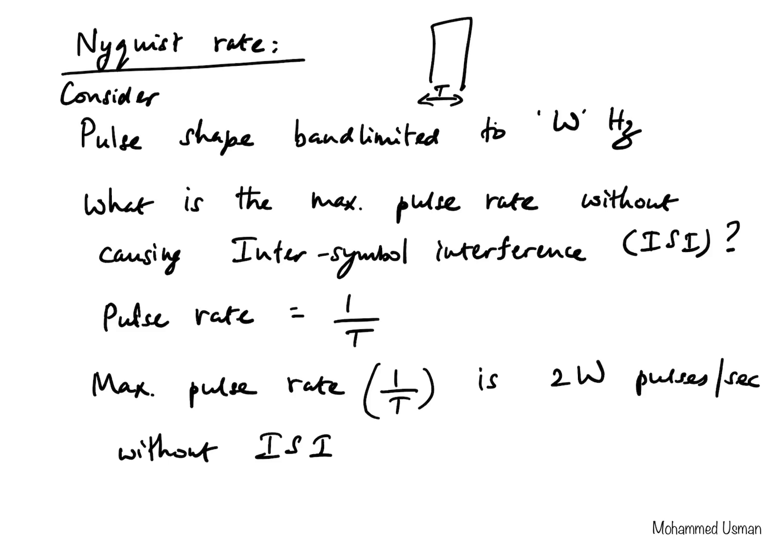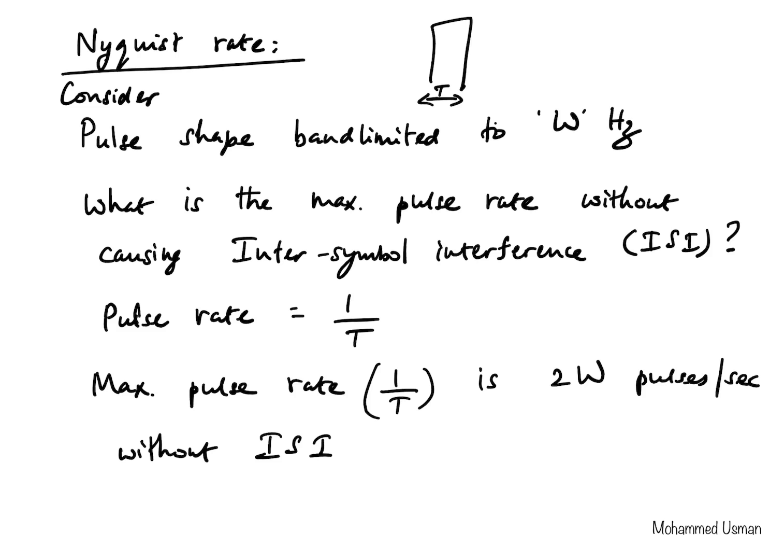Okay, so that's a fundamental result, and we will talk about this Nyquist rate again later, but I want to give you a quick introduction right at the outset because it plays an important role in a digital communication system.